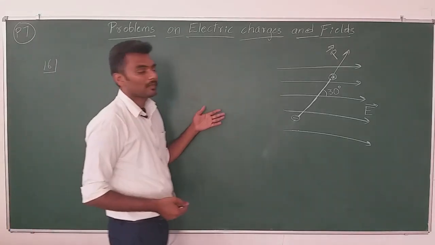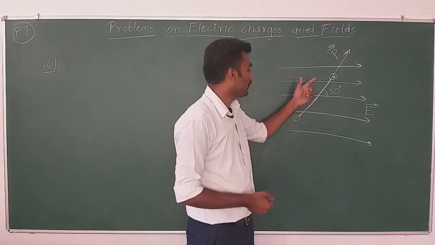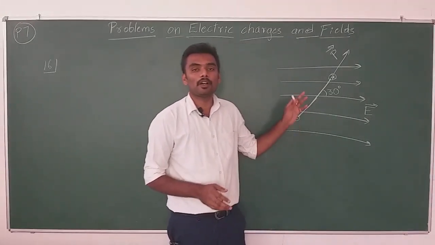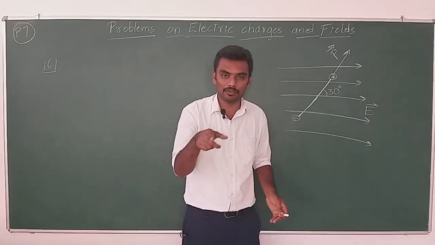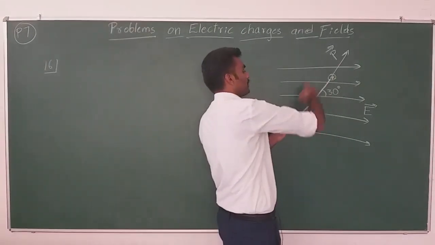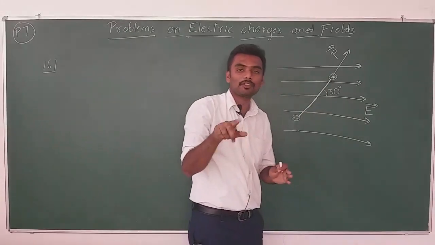Obviously, any electric field will exert torque on the electric dipole. The net force on the electric dipole due to external electric field is 0. You know that, right? Net force is 0 because equal and opposite forces will be experienced by both the charges and the system experiences 0 net force.